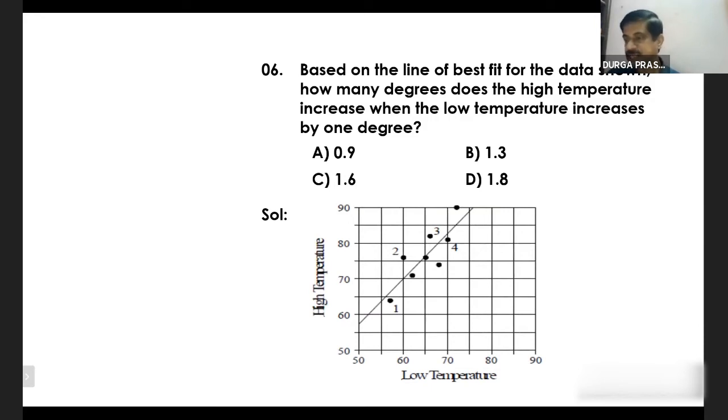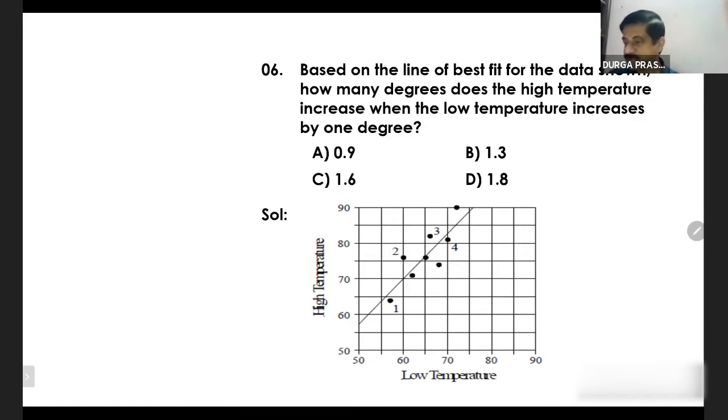Now look at this graph. These are all low temperatures and these are all high temperatures. The question is: how many degrees does the high temperature increase when the low temperature increases by 1 degree? See here, 50 to 60 is 10 units.